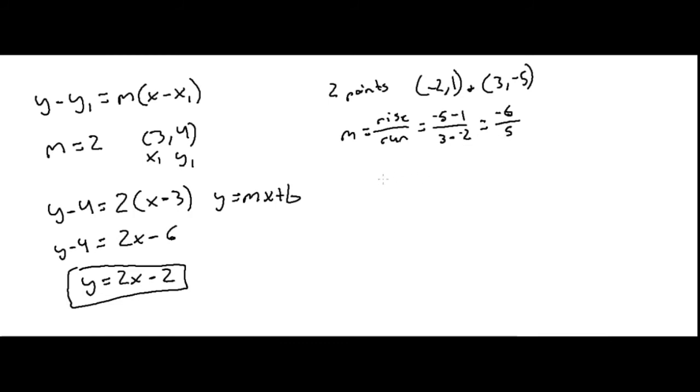So now, with point-slope form, now that we have the slope, you only need to choose one of the points, and then you'll get the line that will go through those 2 points with that slope. So I'll be using the first point, so y minus 1 is equal to negative 6 over 5 times x minus a negative 2, so that'll be the same as plus 2.